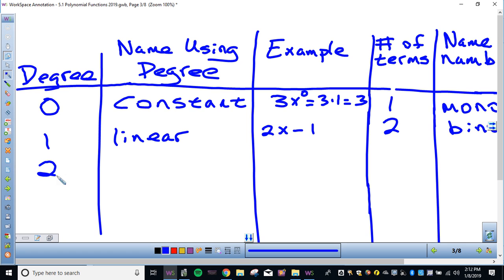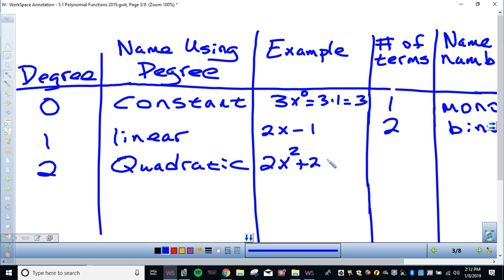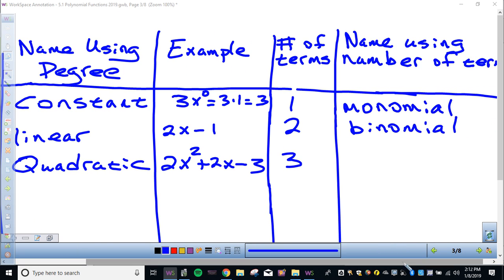Second degree is quadratic. So then I would have 2x squared plus 2x minus 3. Again, I'm just completely making up these examples. Doesn't matter. Just making sure I hit all the different options. So I have 3 terms there. That is called a trinomial.